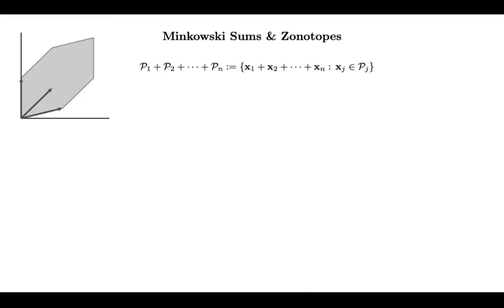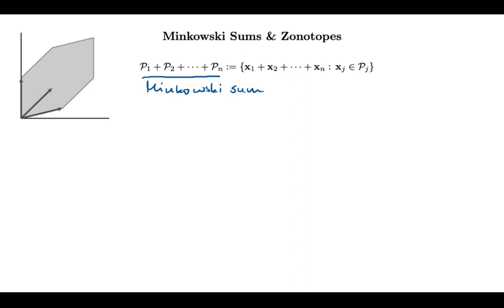A zonotope is the Minkowski sum of line segments. So I should first tell you what a Minkowski sum is. Here's a definition. You have a bunch of polyhedra, let's say n polyhedra, P1 through Pn, and their Minkowski sum is defined as pointwise addition.